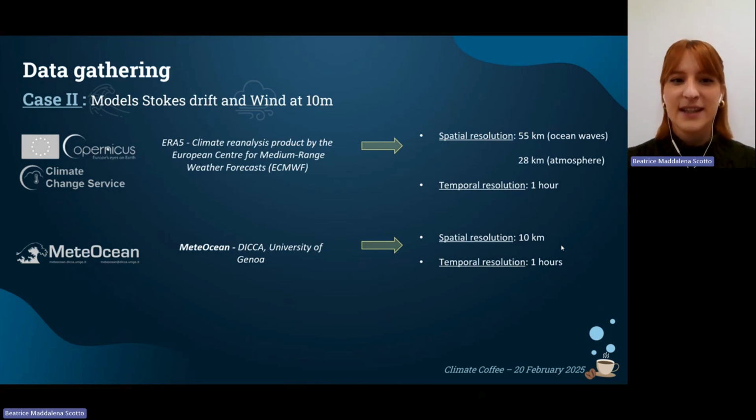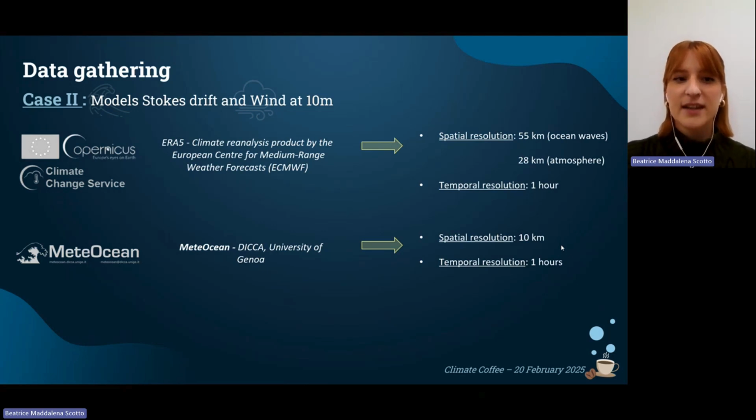The first one is the ERA5, which has, as you can see, a really coarse spatial resolution, both for the ocean and for the atmosphere. And the other model that we have selected is the MeteOcean1, which is developed at the University of Genova by the research group I'm working with. And here we have a higher spatial resolution.